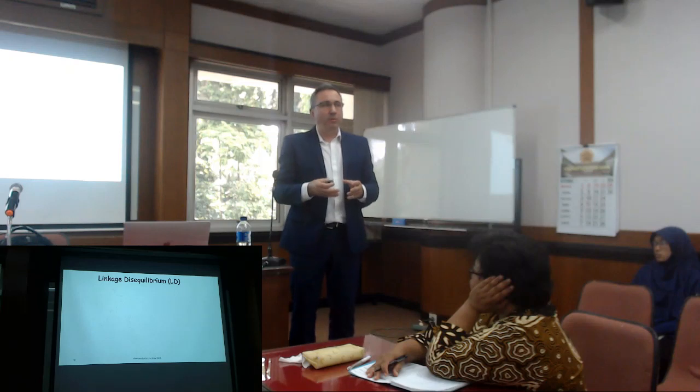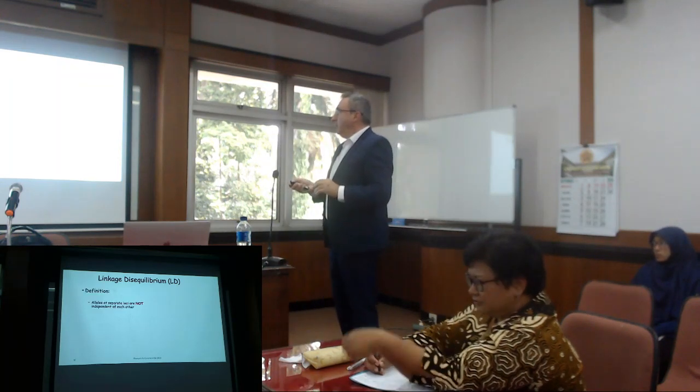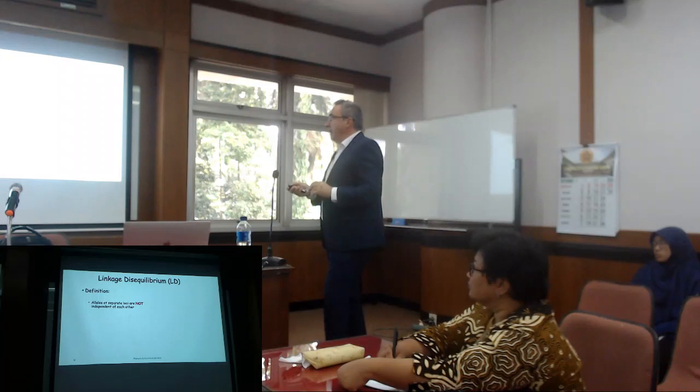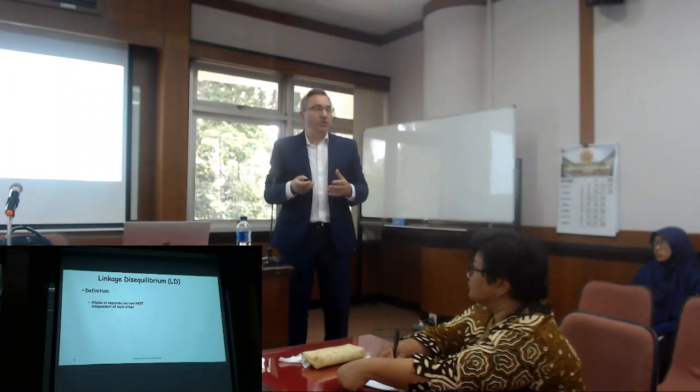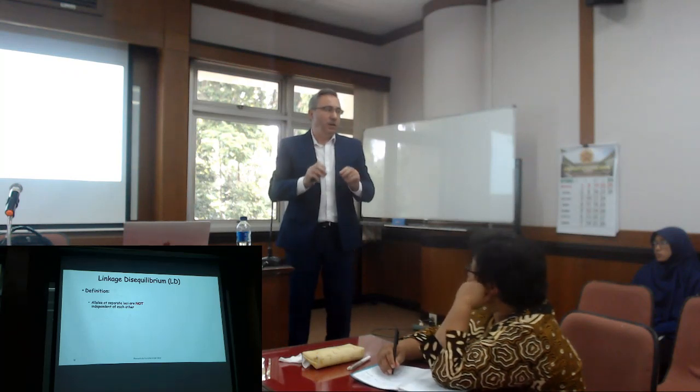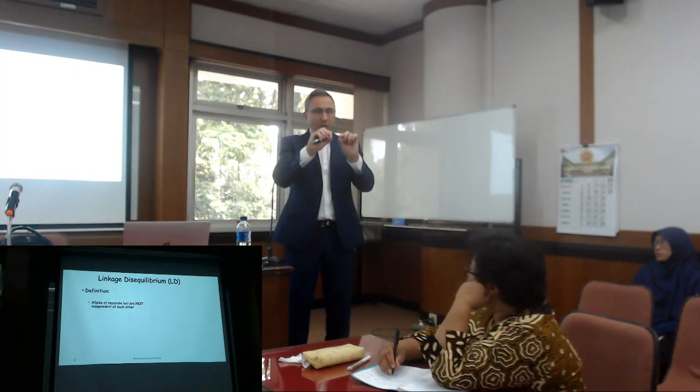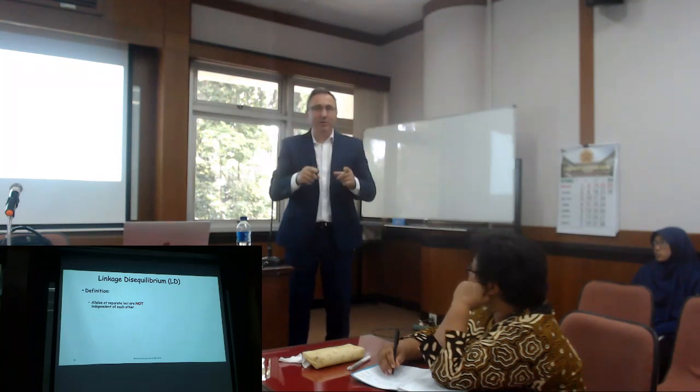The second problem, which is in a way related, is what's known as linkage disequilibrium. Okay? And what this means is that the alleles that we find, the different variants, are not independent from each other. So if we have different variation in one chromosome, then all of us share the same information in that part of the chromosome.